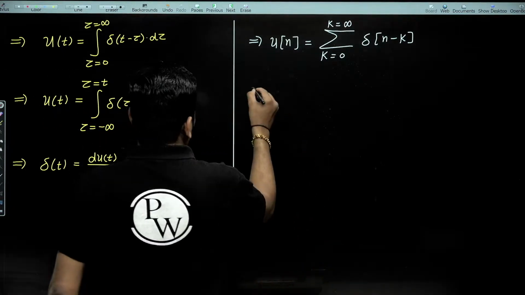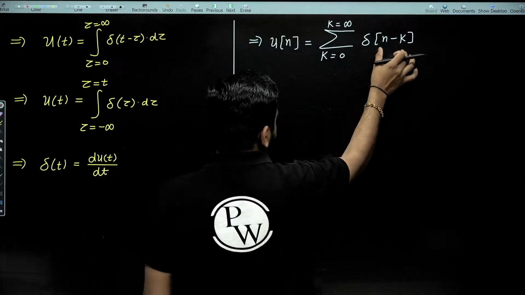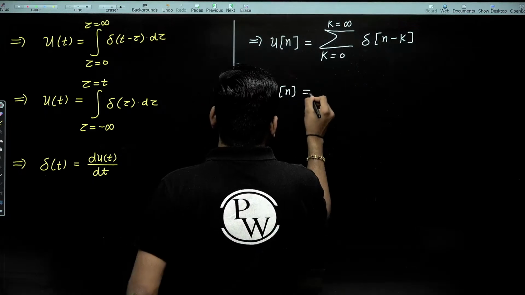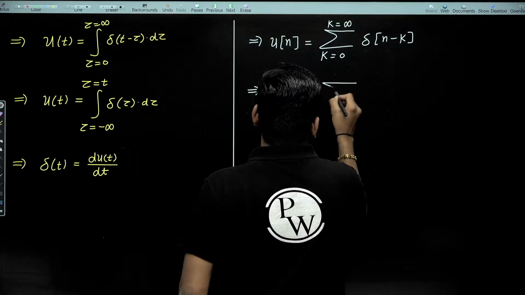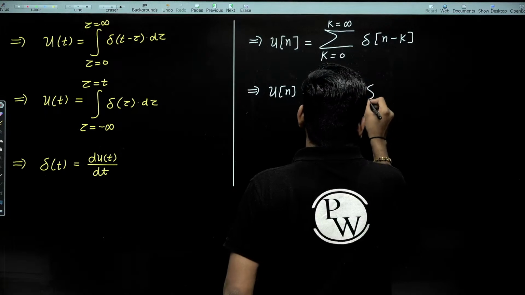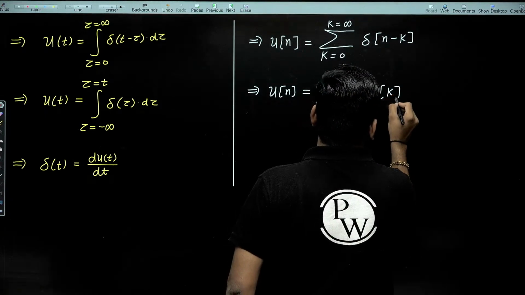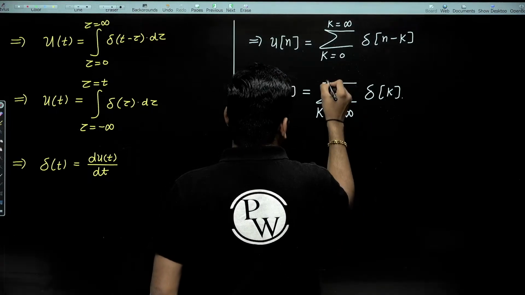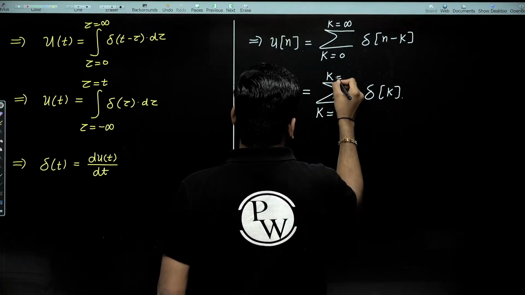Here, if you replace n − k with another variable, then it will be u(n) by comparing with this summation, with δ(k), where k is from minus infinity to n.